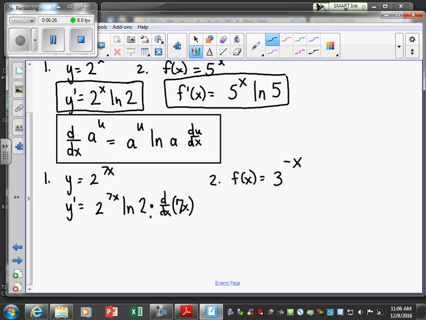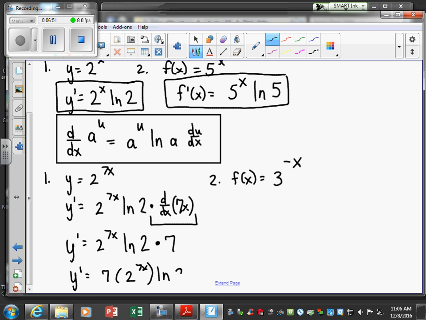I'll calculate this in the next step. 2 to the 7x, natural log of 2 by the definition, and then what's the derivative of 7x? Yeah, times 7. So y prime is just going to be 7 times 2 to the 7x, natural log of 2.